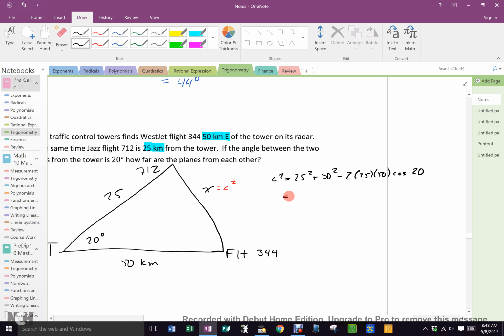And then what do you have to remember to do at the end? Square root, right? So you're going to do all this work, you're going to get a number on your calculator. If you're good with your calculator, you can square root at the very beginning. But if not, you may have to work this out. That's cool, it doesn't matter. Who has an answer for me? I'll be working on it right here.